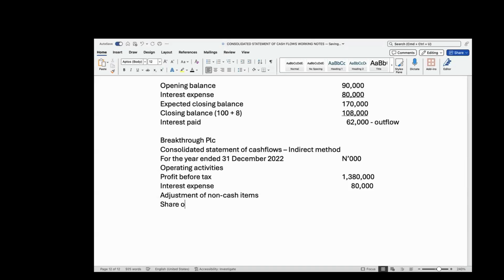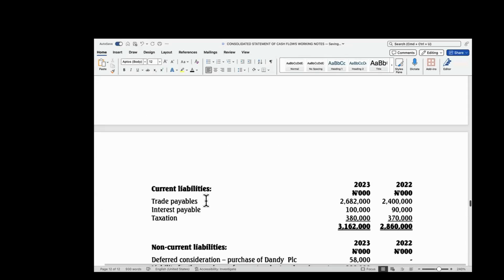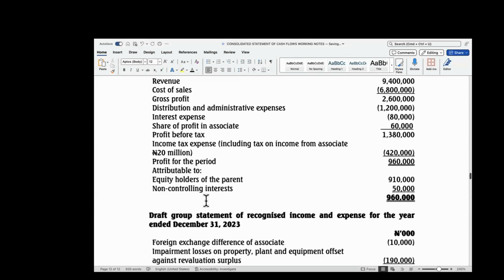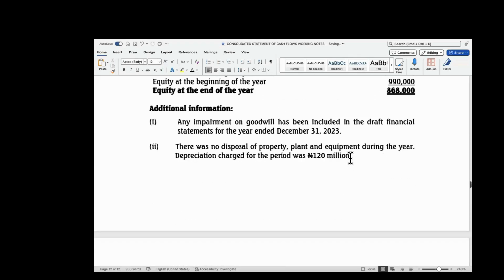Of course, there is share of profit of associates. From the question, that's share of profit of associates directly above this PBT, and that's 60, which we are going to deduct.